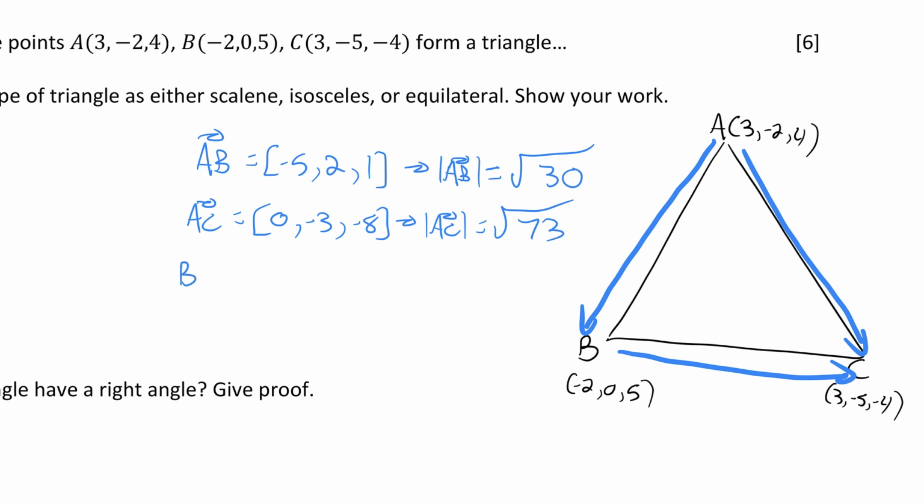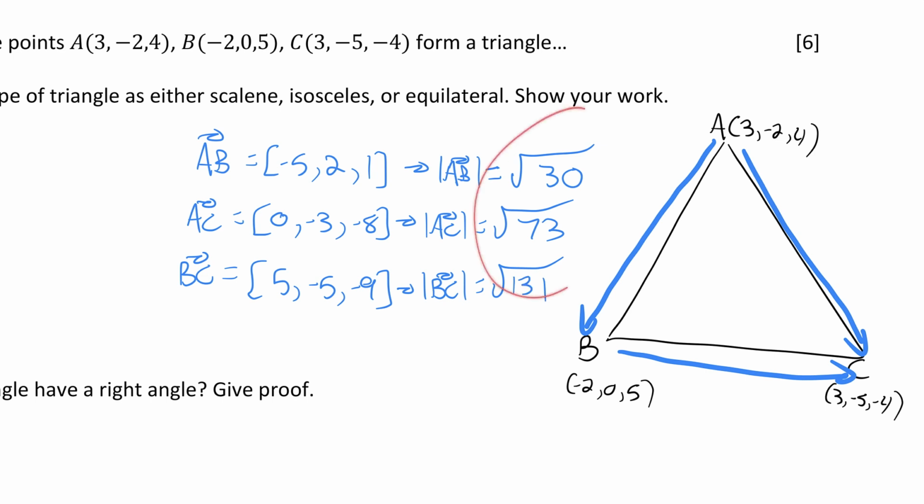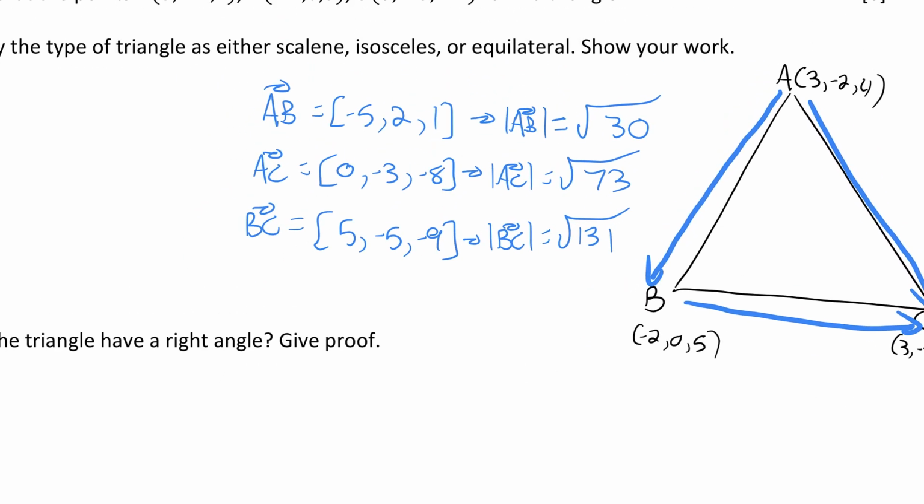And my last vector, BC, coordinates of the tip minus coordinates of the tail, that would give me 5, -5, -9. If I find that vector's magnitude, it would be the square root of 25 plus 25 plus 81. So 50 plus 81 is 131. Because all three side lengths that I have found here are all different, I know that this is a scalene triangle.